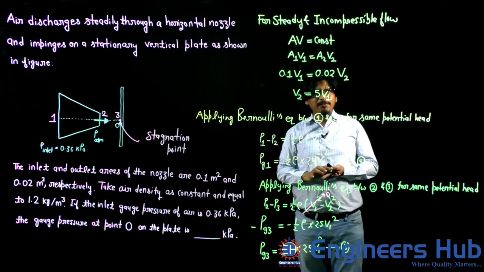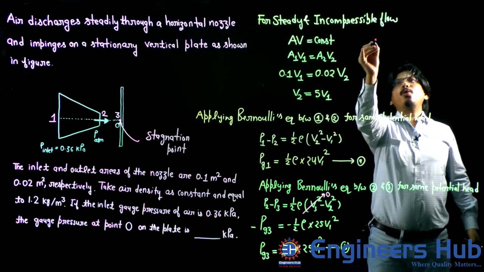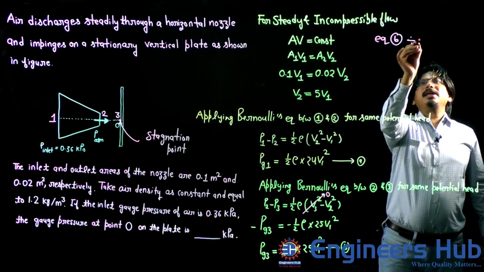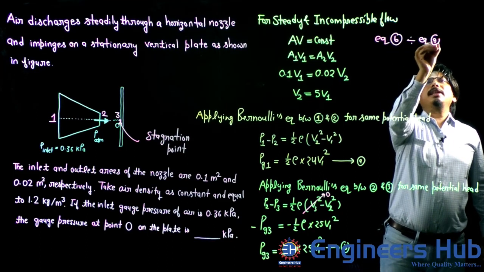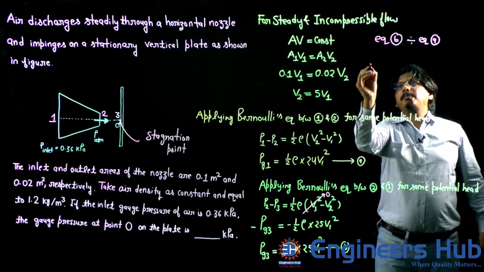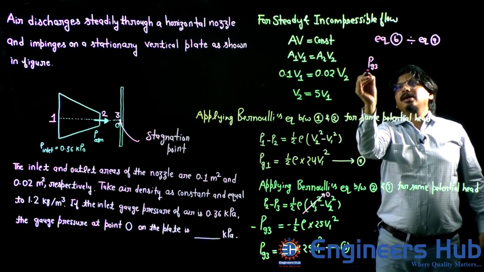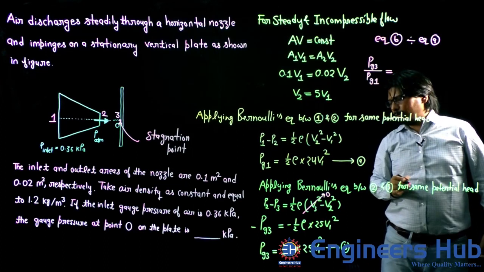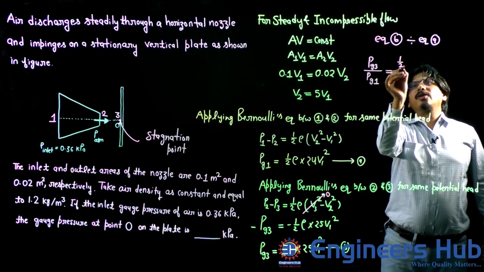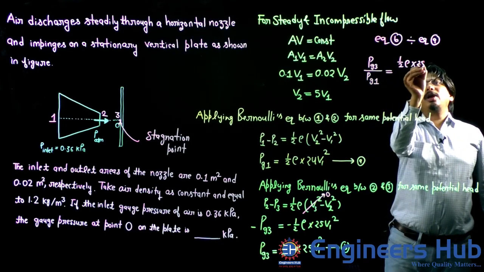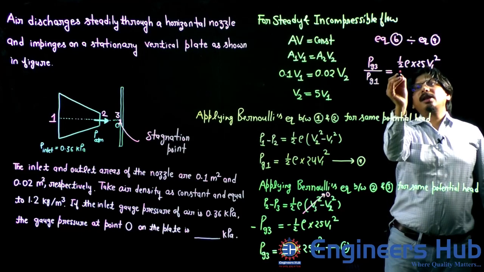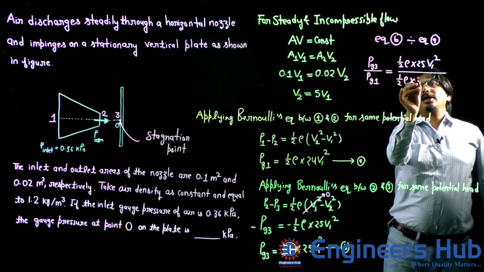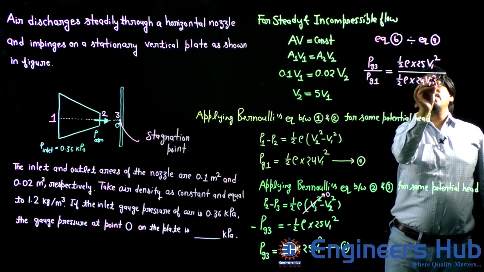Let us do one thing, my friends. Equation B divided by equation A. So what are we getting? Pg3 divided by Pg1 is equal to half rho into 25 V1 square divided by half rho into 24 V1 square.